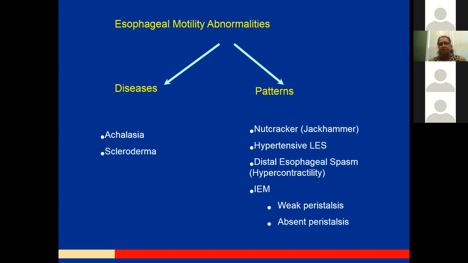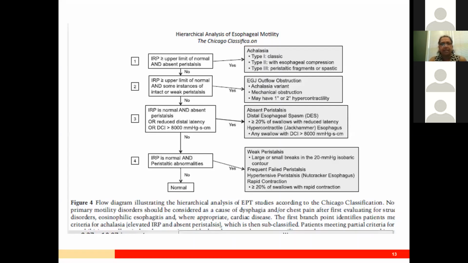If you take these into context, now we're learning a little bit more about how we can correlate these with the symptoms, but still thinking of them as diseases and patterns will help you to understand these studies more clearly. This is the first version of the Chicago classification, really taking into account the various parameters that Rob defined.